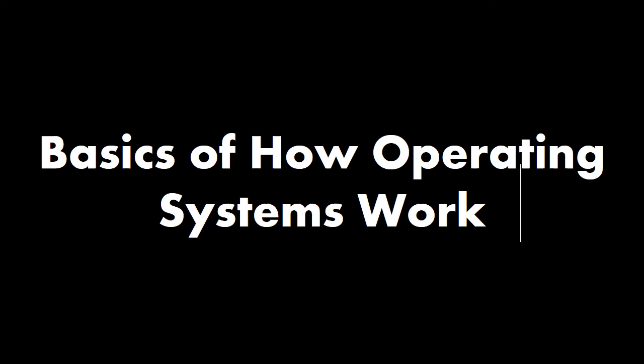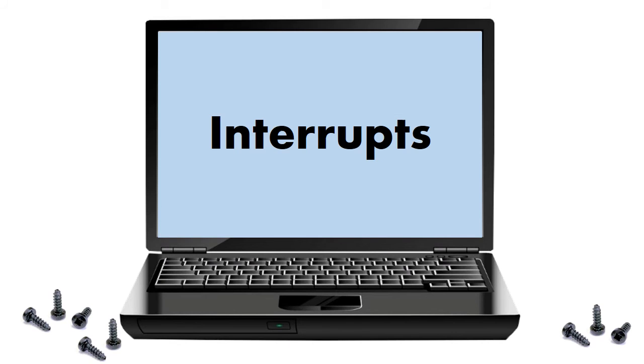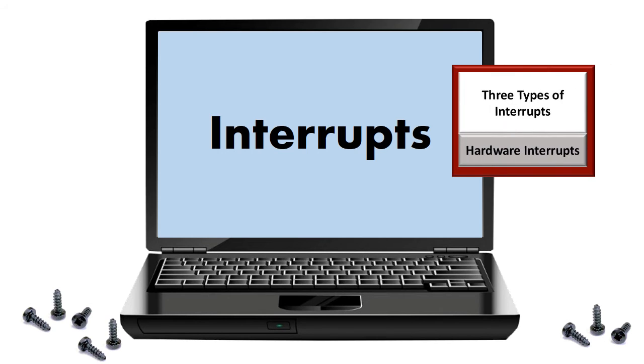Basics of how operating systems work. Interrupts are signals sent to the CPU by external devices, I/O devices. They tell the CPU to stop its current activities and execute the appropriate part of the operating system. There are three types of interrupts. First, hardware interrupts are generated by hardware devices to signal that they need some attention from the OS.